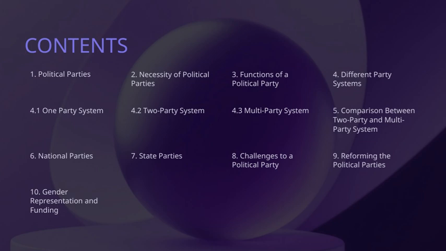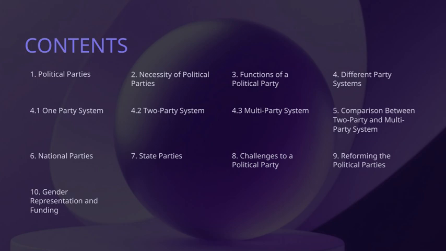Then, we have the multi-party system, which features several parties vying for influence, often leading to coalition governments and diverse representation. Understanding these systems helps us grasp how political power is organized and exercised in different countries. Each system has its strengths and challenges, impacting governance and stability.